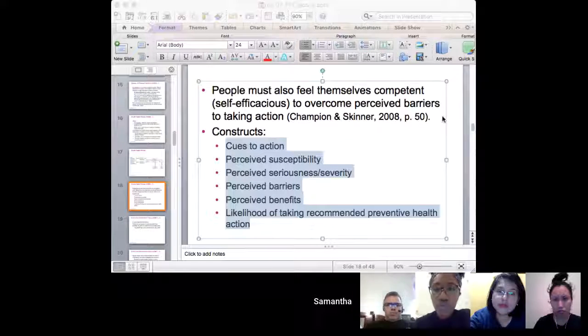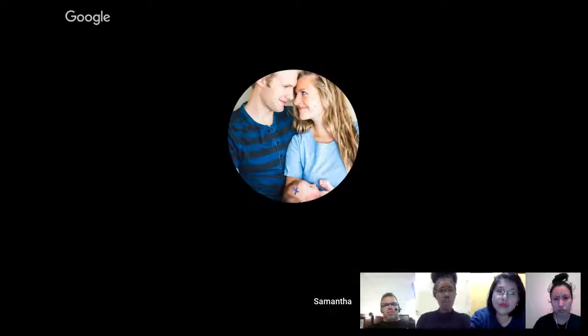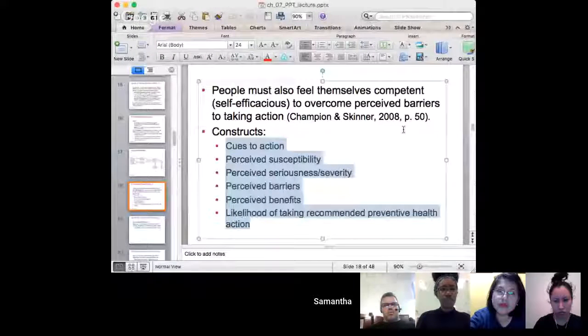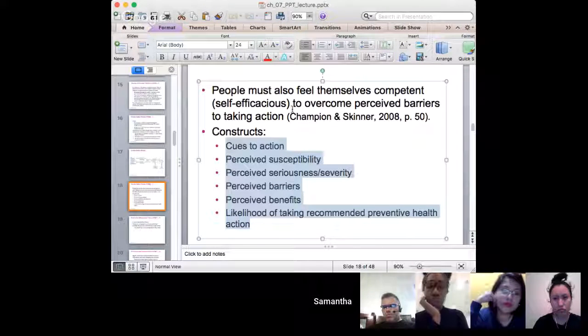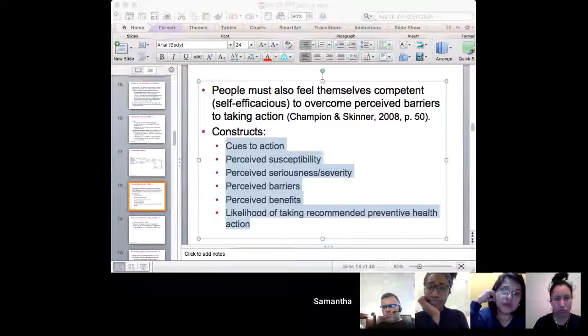Especially if I were pregnant at the time, to prevent anything bad from happening to me or to our unborn child, weighing the barriers and benefits. In that case, the benefits would far outweigh the consequences that could take place because of the vaccination. That's a good one.